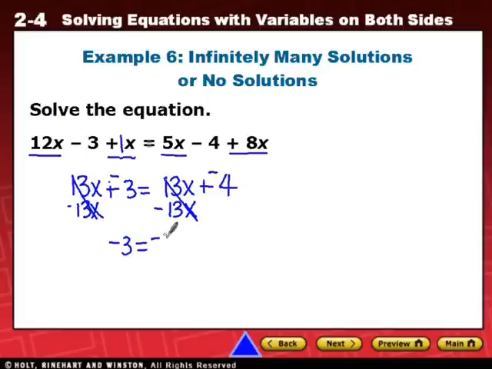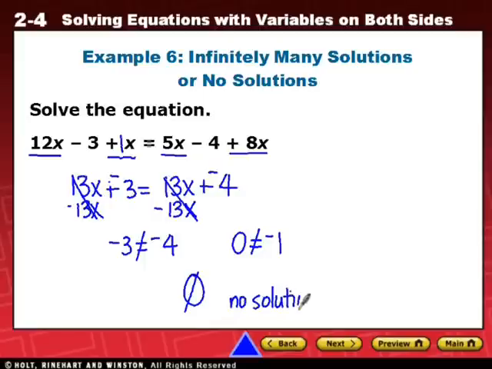So I have negative 3 equals negative 4. If you somehow did this and got 0 equals negative 1, that's still false. So there's no variables left, and what's left at the end is not true. Those are not equal. So at the bottom, we would just write no solution. You can write it in words if you prefer.